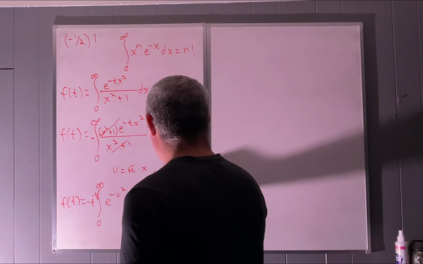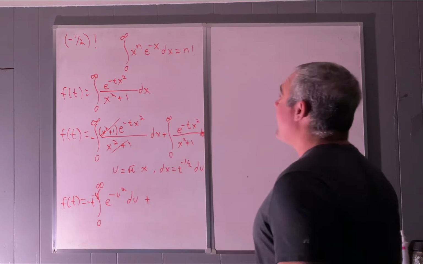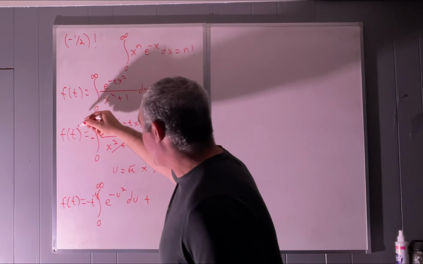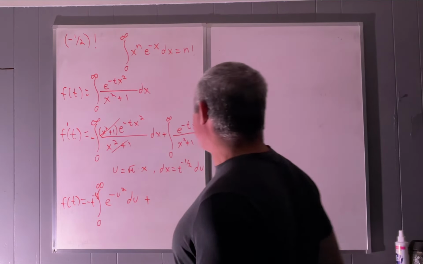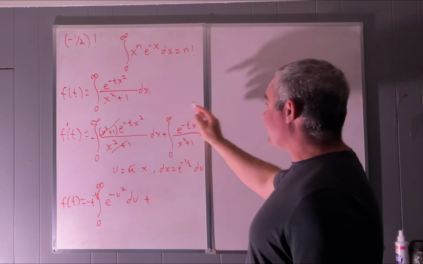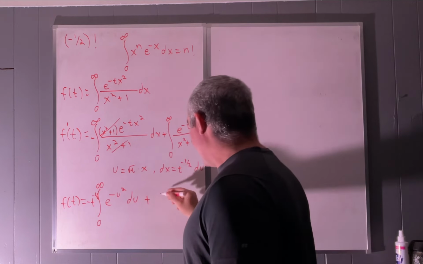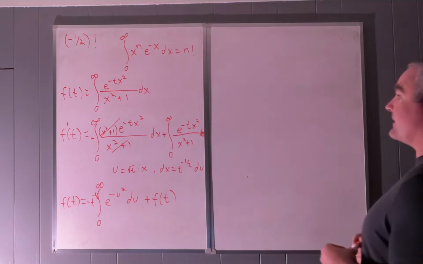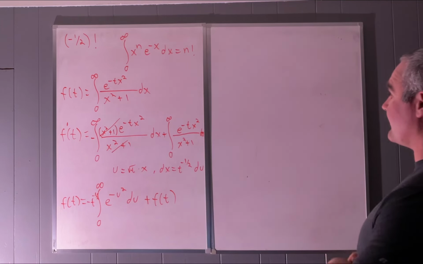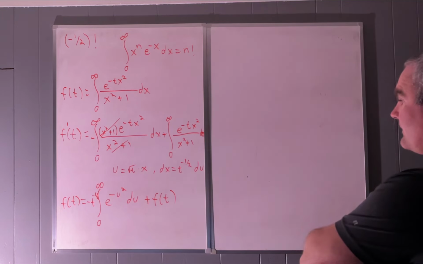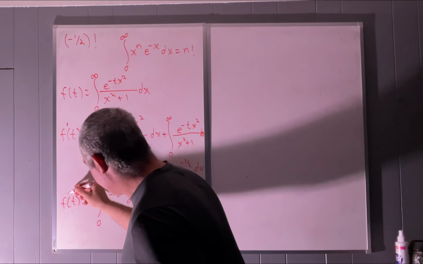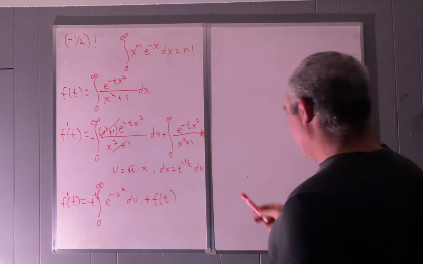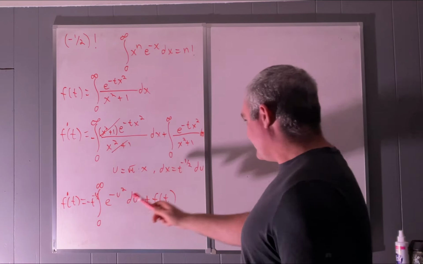Oh, I'm sorry, this was actually our f prime of t. I forgot to write that. And then we have plus this thing, which is exactly our f of t. All right, let me check this to make sure I didn't make any mistakes here. Oh, no, f prime. Yeah, this is f prime of t is equal to negative, see, our dx becomes that.